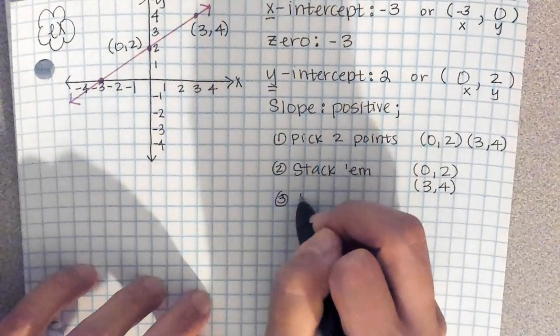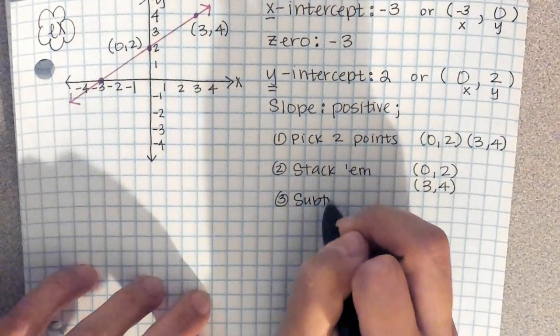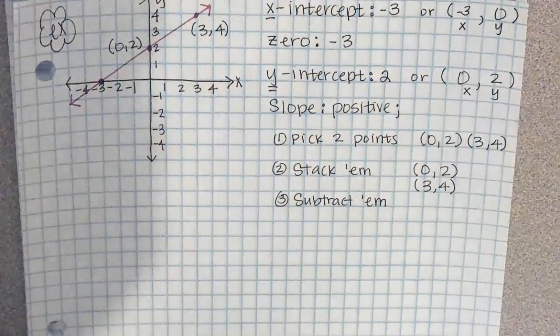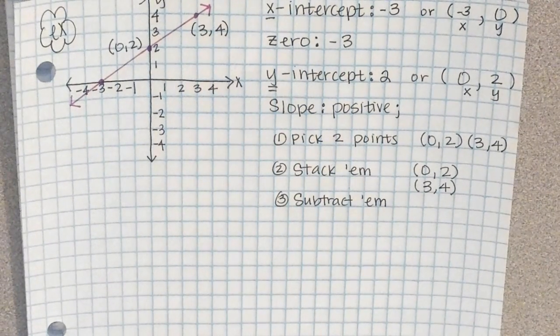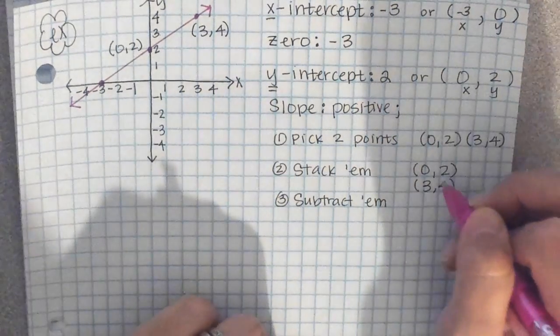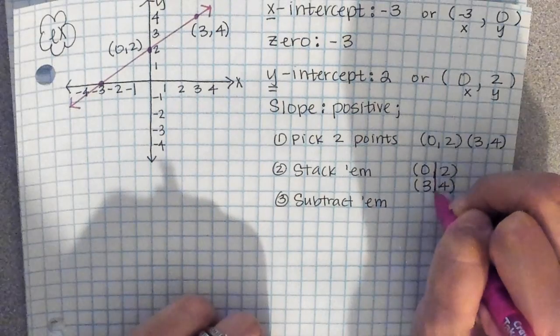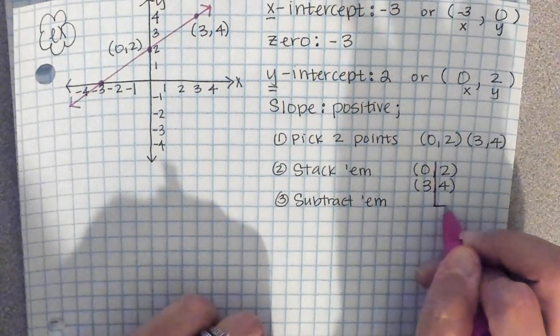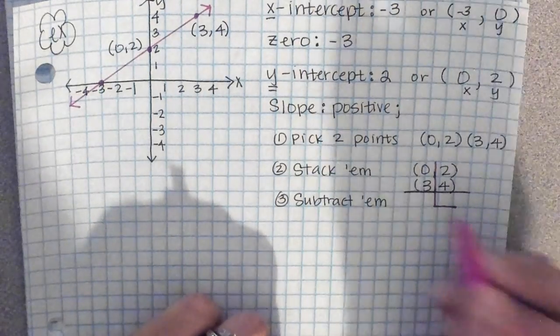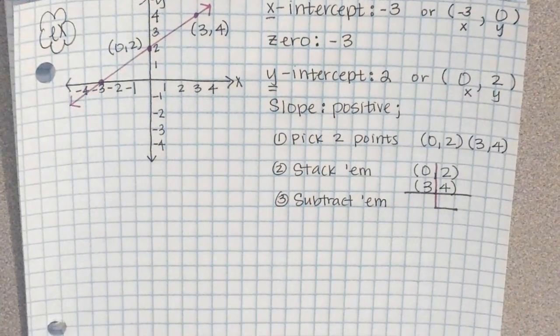Step 3, subtract them. I'm going to do that by separating at the commas, coming out a little bit like a T. So drawing like a T looking thing right there.